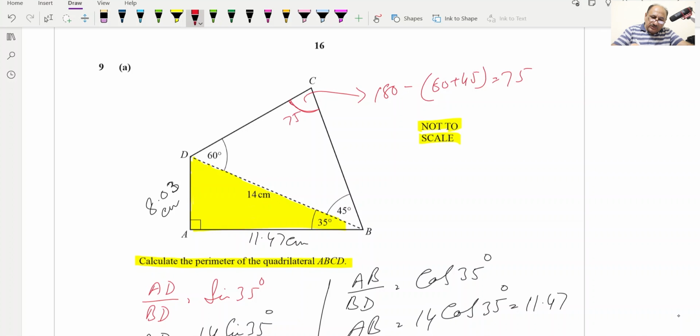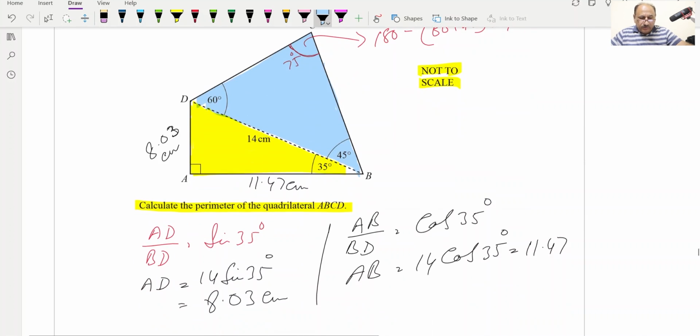So this angle is 75 degrees, which we have calculated. Now we can consider this triangle, and in this triangle we have all three angles and one side length as well, so we can utilize this information to calculate the two required sides.